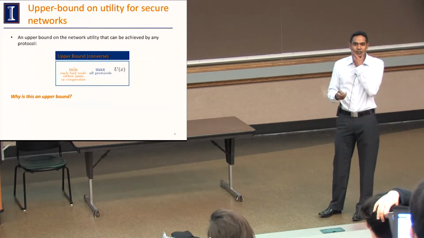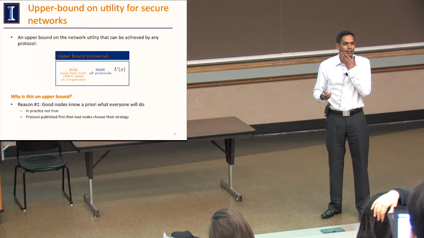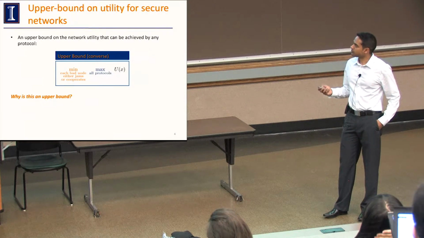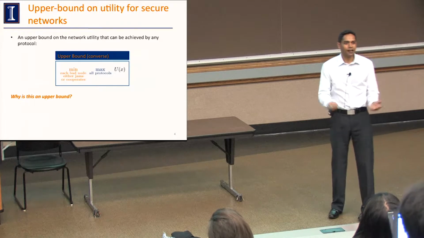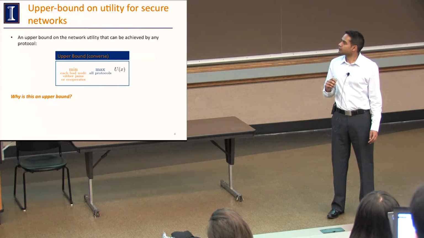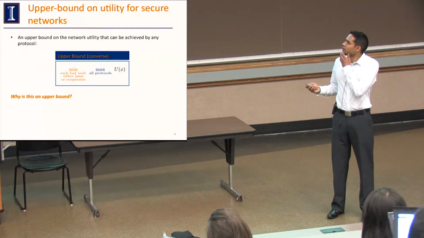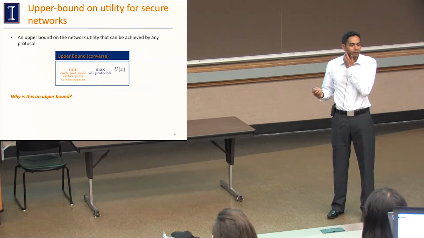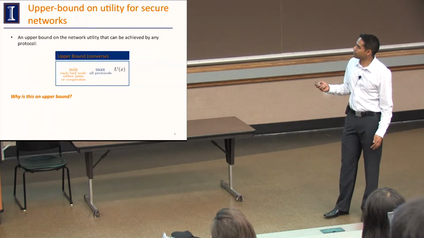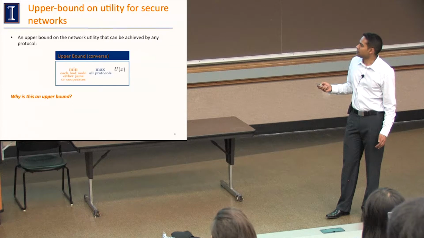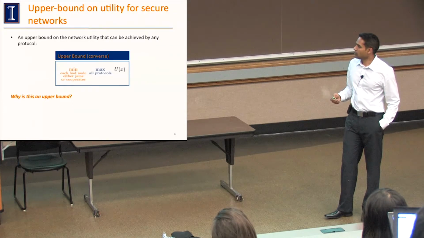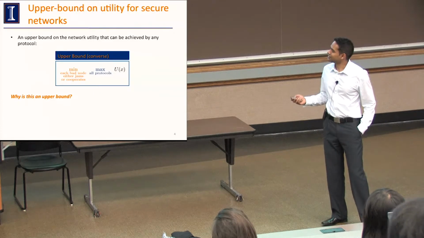Okay. So here's the first fundamental limit that we're going to encounter. Say I have any utility function. An upper bound on the utility that can be achieved by a network, by any protocol, is this expression here, this min-max. And why is this an upper bound?